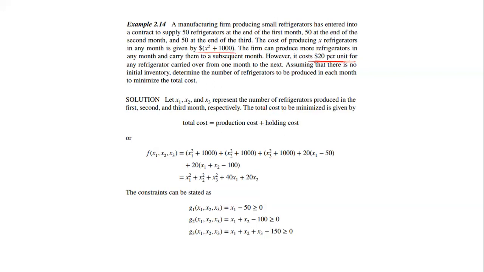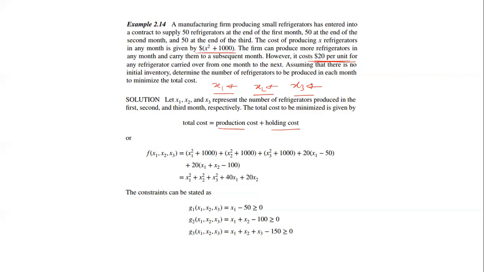So we have to determine how many to produce in each month. We can say X1 is produced in the first month, X2 in the second month, X3 in the third month. We have to find the values of X1, X2, and X3 so that the total cost, the summation of the production cost and the holding cost, is minimized. The answer is quite simple and logical.